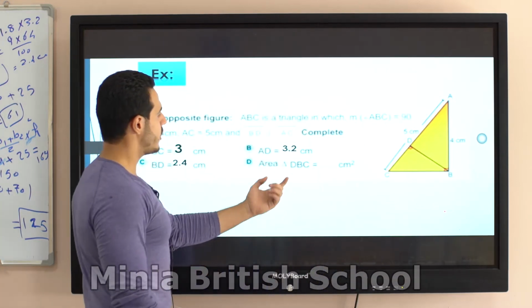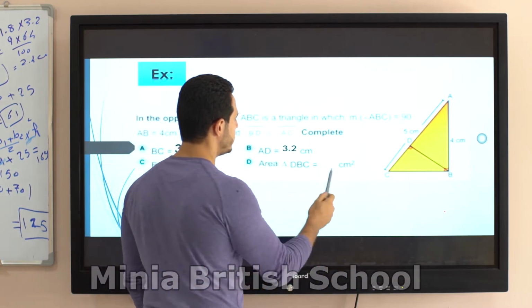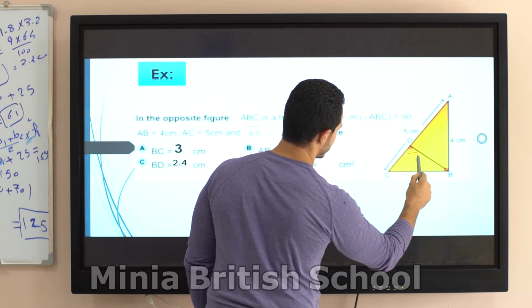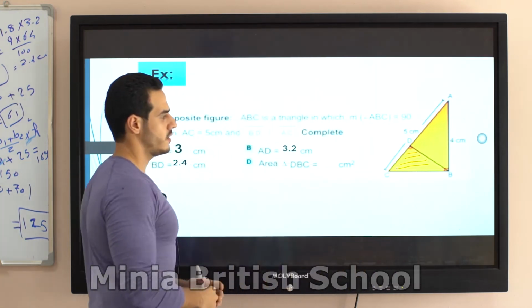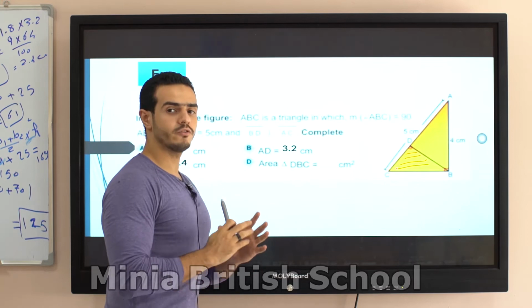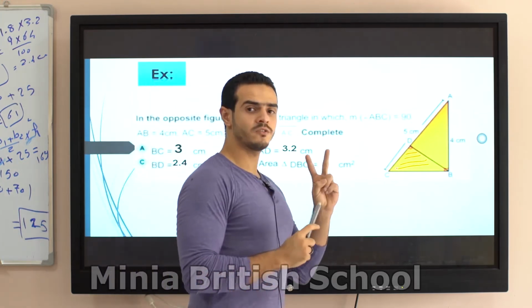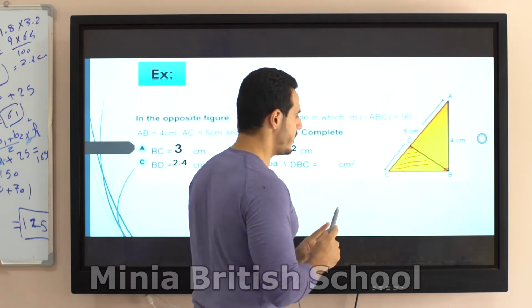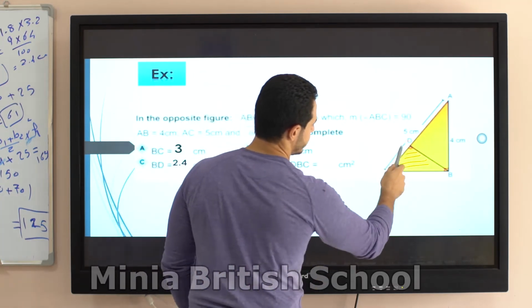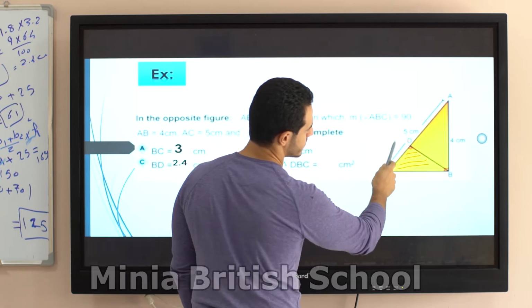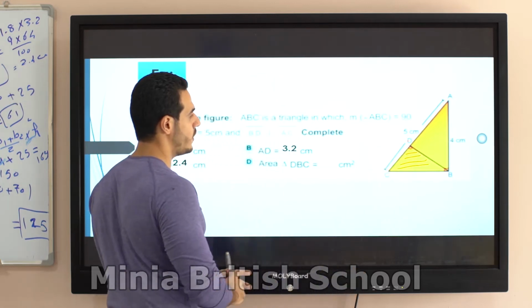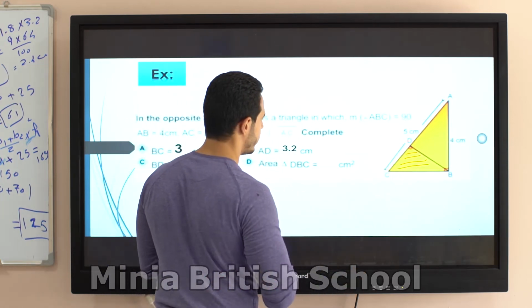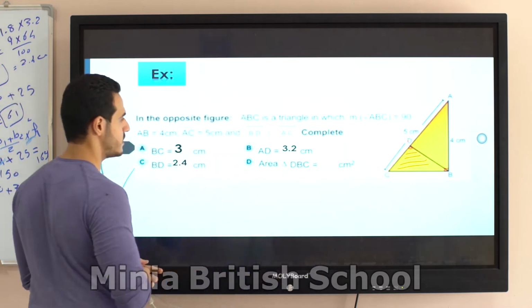Now find the area of triangle DBC. To find the area of any triangle, I must have two things, the base and the height. So where is the base? The base is DC and the height is BD. We have BD and we have DC.